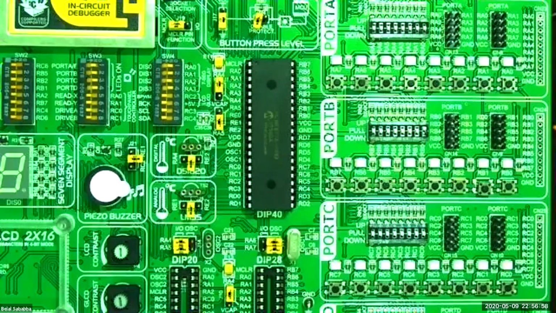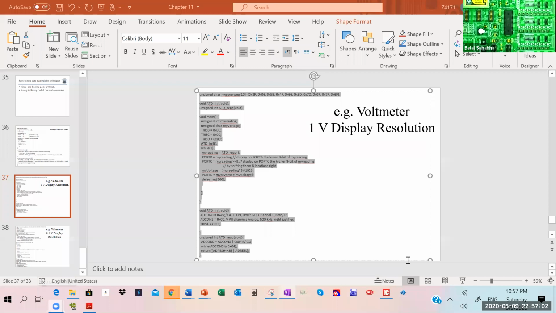Let me go back to the screen to show you what I'm gonna do. I'm gonna go get a potentiometer.